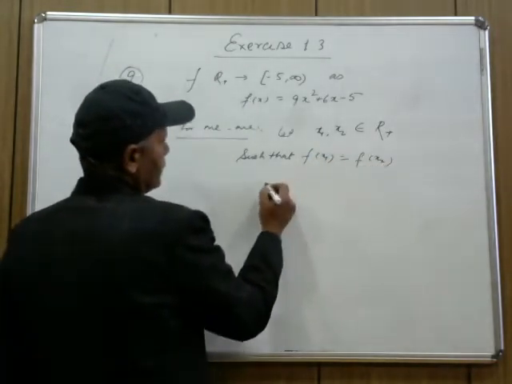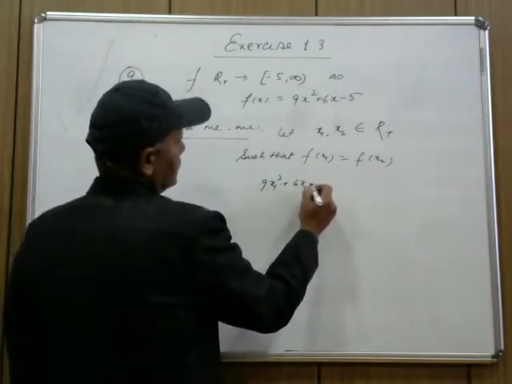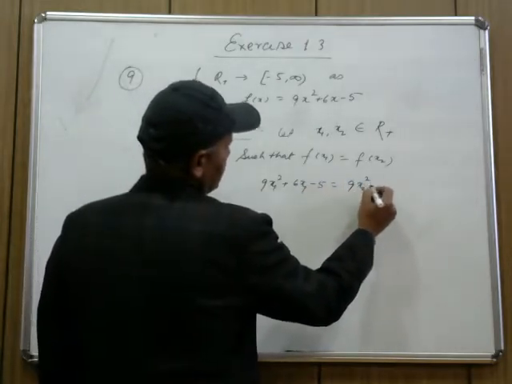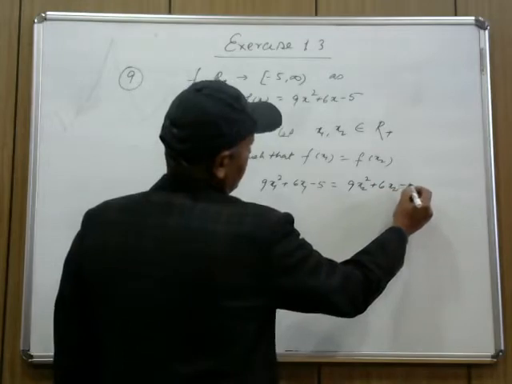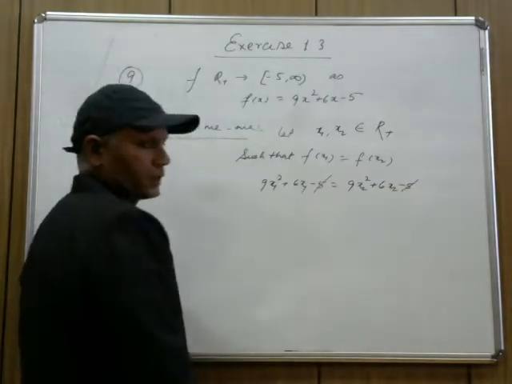F of x1 is 9 x1 whole square plus 6x1 minus 5, equal to 9 x2 whole square plus 6x2 minus 5. Minus 5 and minus 5 cancel from both sides.